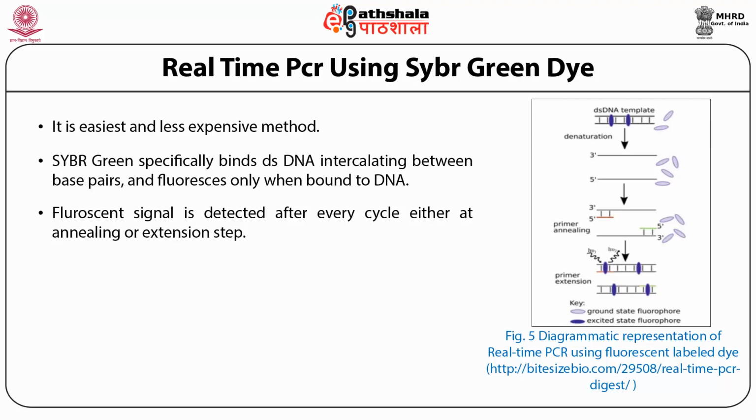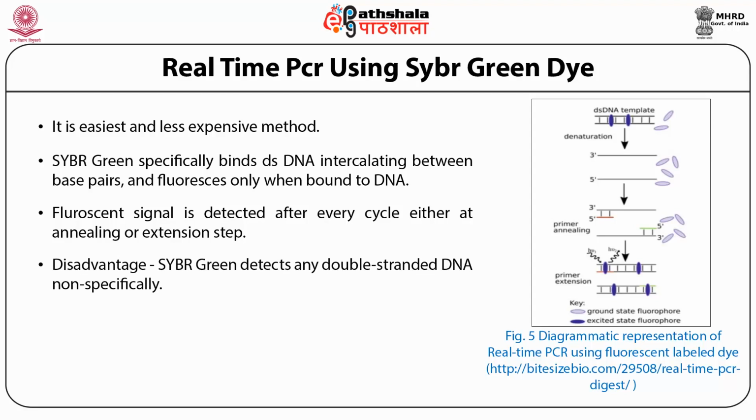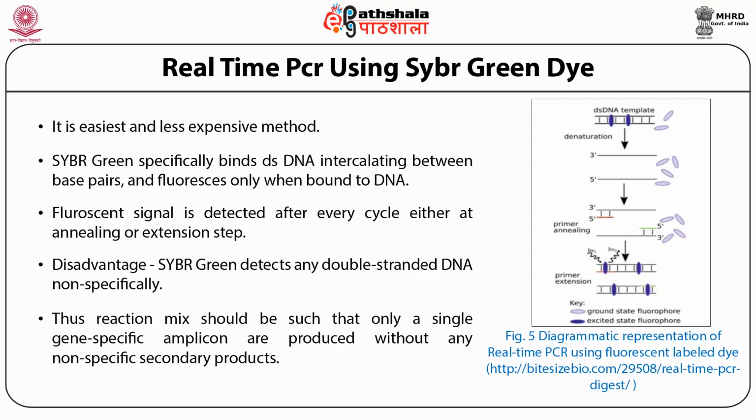Thus, as the PCR proceeds, the amount of signal obtained will keep on increasing and will give an estimate of the amount of RNA or DNA present in the sample. But the major disadvantage of this method is that SYBR Green detects any double-stranded DNA non-specifically. Thus, reaction mixtures should be such that only a single gene-specific amplicon is produced without any non-specific secondary products.